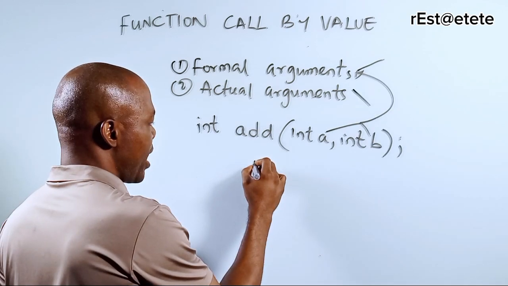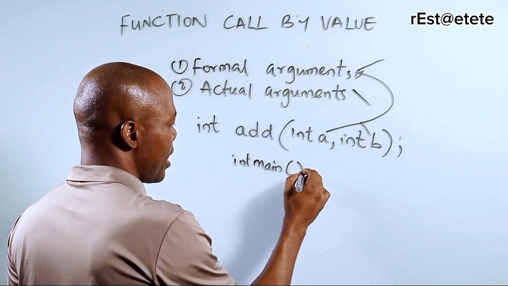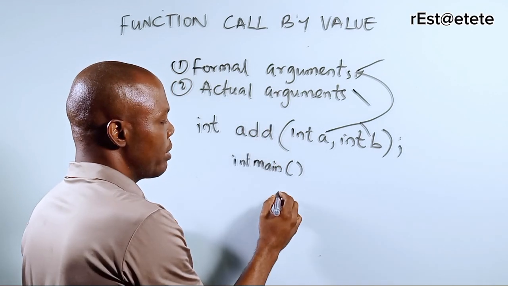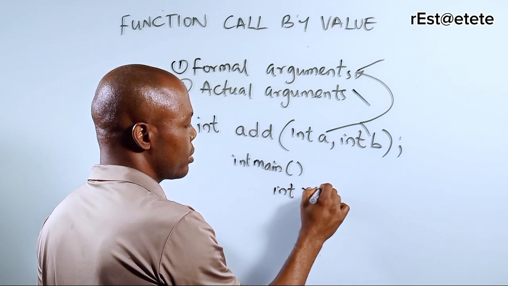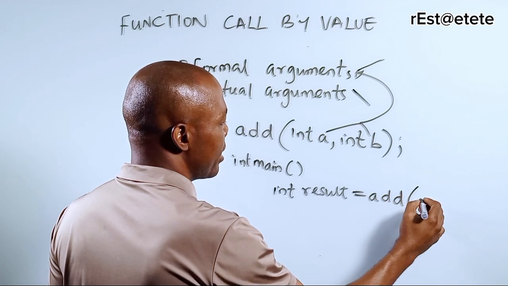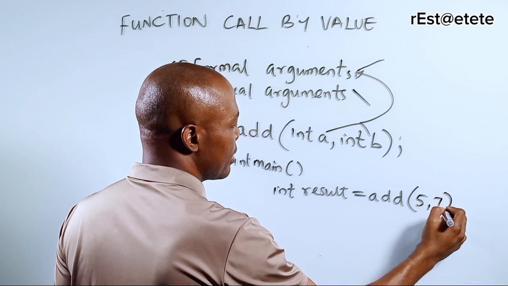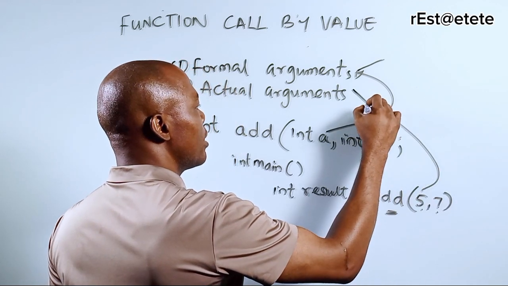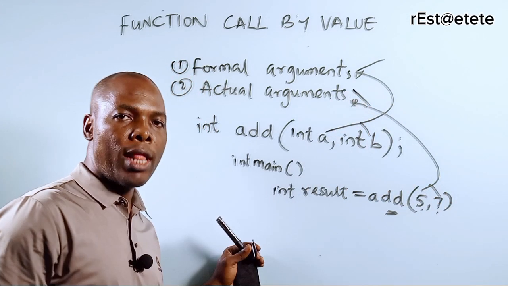While you now have main, right? int main. And inside this int main, you are calling this add function. So in the last class, when I said int result, and then I call add, and I supply two parameters to it, let's say 5 and 7, these two are what you call the actual arguments.